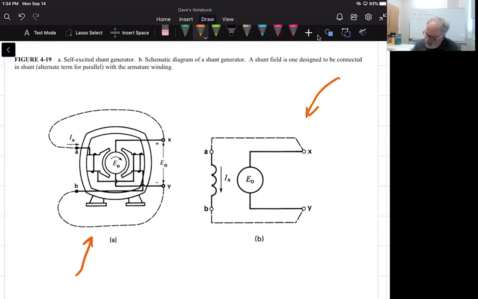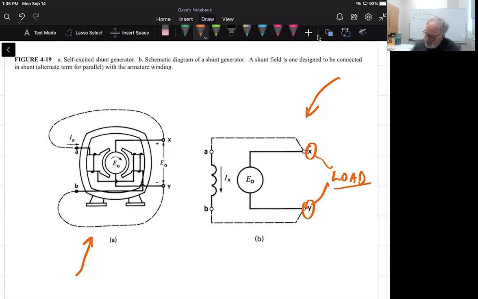Here's our schematic, and here's the armature, and we looked at how all that is connected and constructed. This would be our output, where our two brushes bring us those accumulated voltages. And out here is where we'll eventually connect a load.